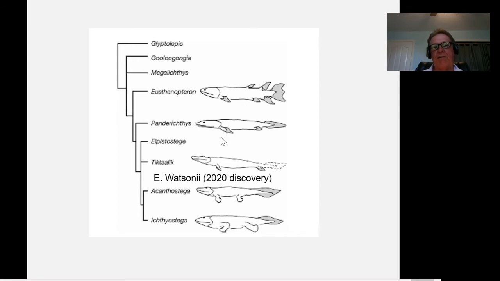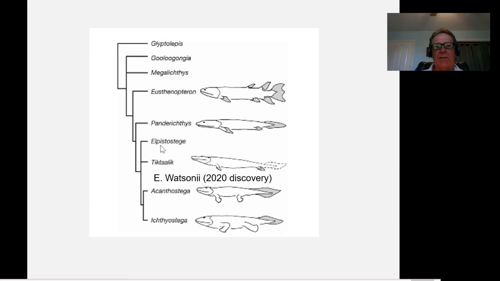So this is an evolutionary chain. What's cool about this is that we are able to figure out what these intermediates look like. So kind of the first lobe-fin fishes appear here. They were around in early Devonian. They evolved into a little bit longer lobe, a little bit different head structure in Panderichthys.